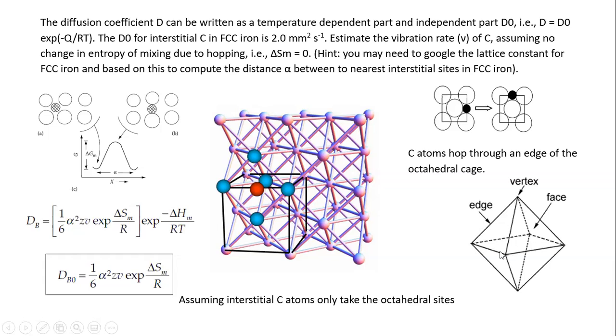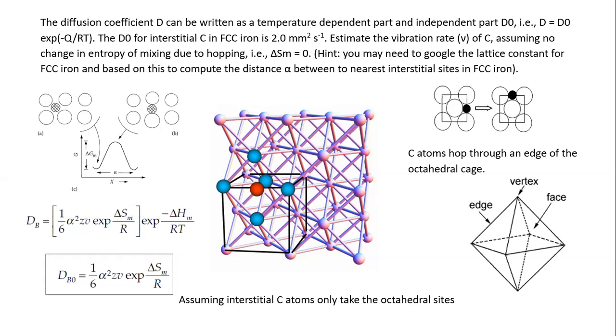Each edge corresponds to a pair of densely packed atoms from which the particle can squeeze through. So the number of available sites is simply the number of edges of an octahedral cage. How many edges does an octahedron have? 12. So that's how you get Z.